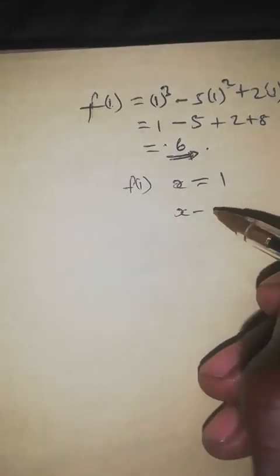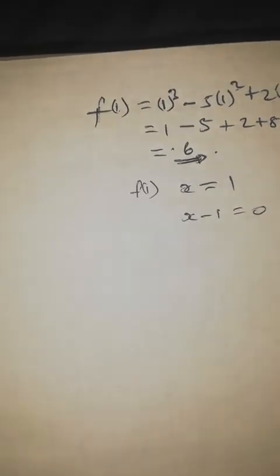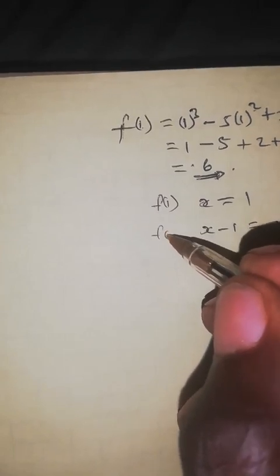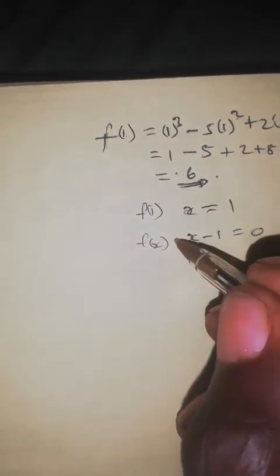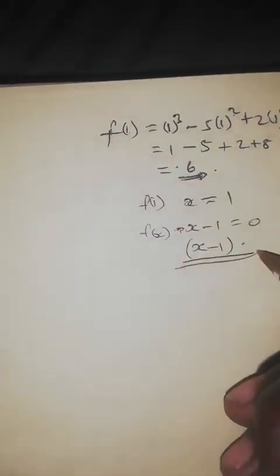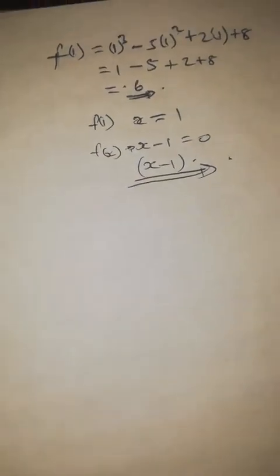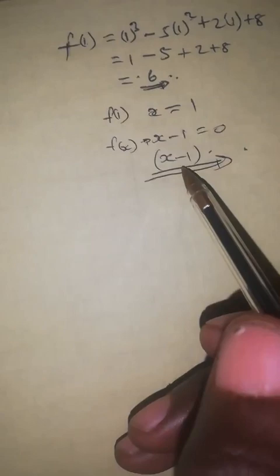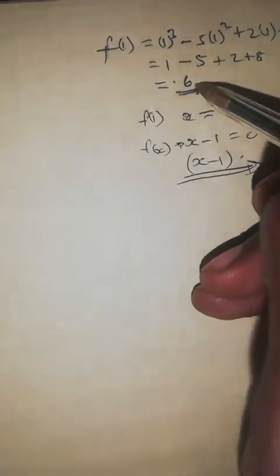Therefore, x minus 1 is equals to 0. So if it is a function of x, it will be x minus 1. So this is the factor we would be using to factorize, and here it leaves the remainder of 6. When we divide this function with x minus 1, it leaves the remainder of 6. Therefore, this is wrong. We find another one.